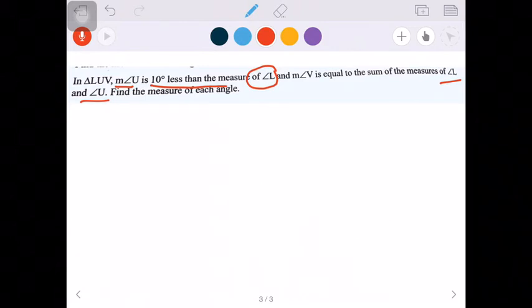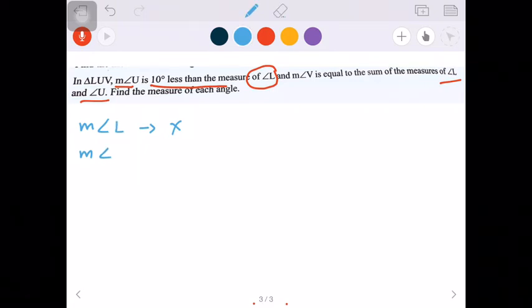So, how do you find now the measures of the three? In terms of the representation, we represent x to be angle L. Because if you take note of the first sentence here, angle U is 10 less than that. So angle L is x.